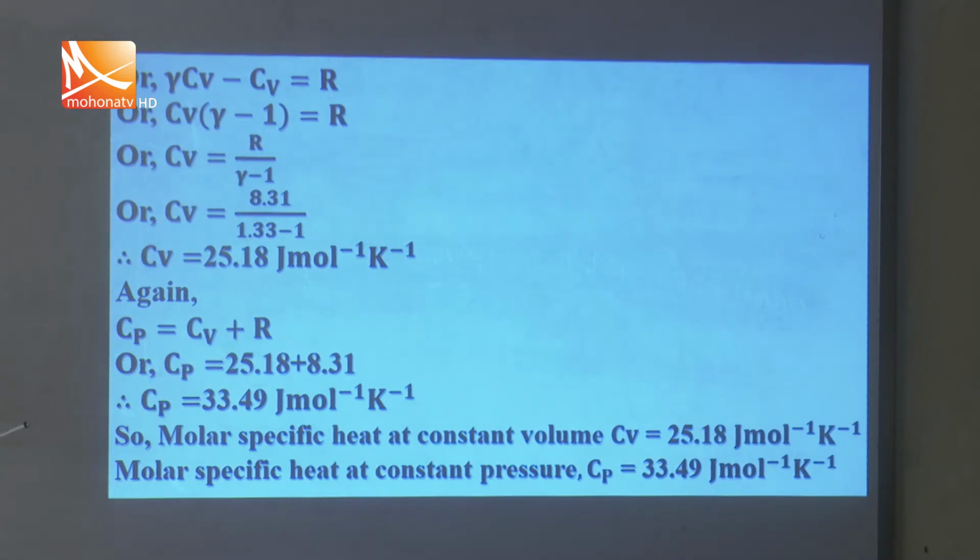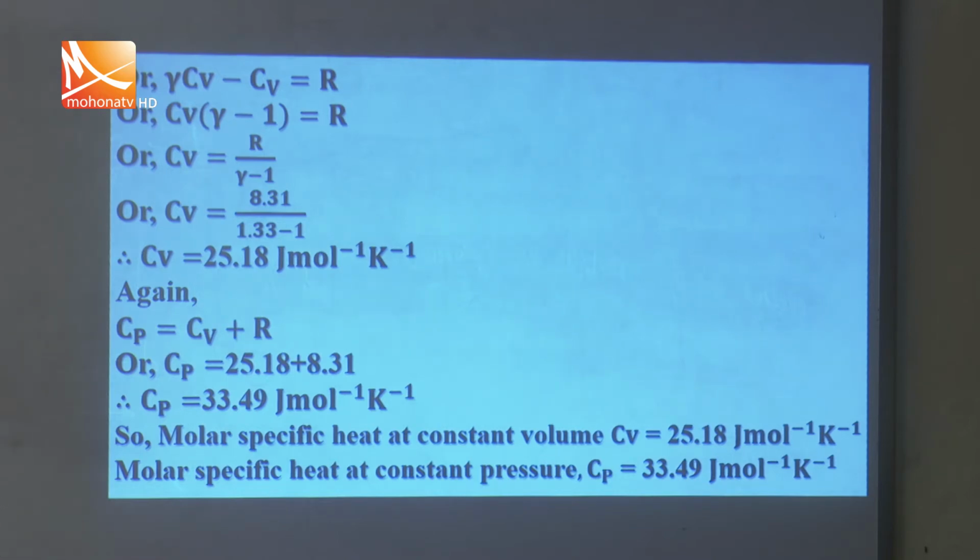If we put the values of gamma and R, the relation becomes Cv equals 8.31 divided by (1.33 minus 1). So the result of Cv will be 25.18 joule per mole per Kelvin.